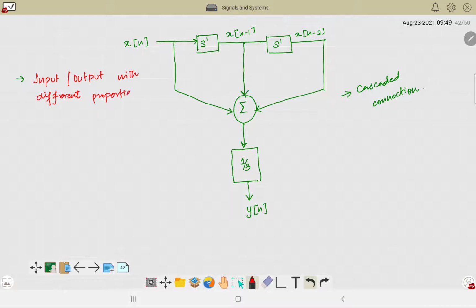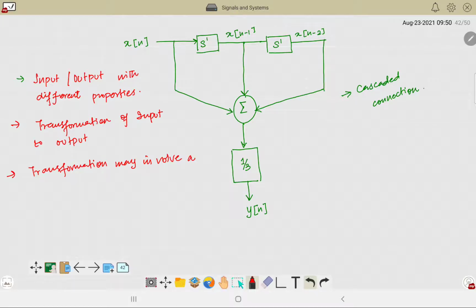Second thing, system is basically a transformation of input to output. Transformation may be simple or transformation may involve a series of operations. Right? In general, that is.